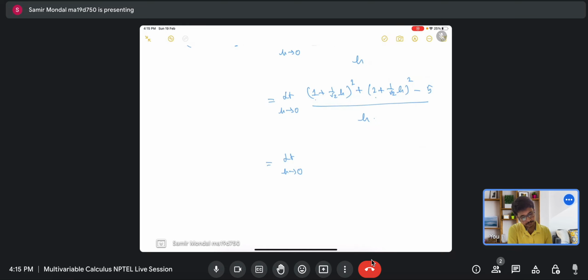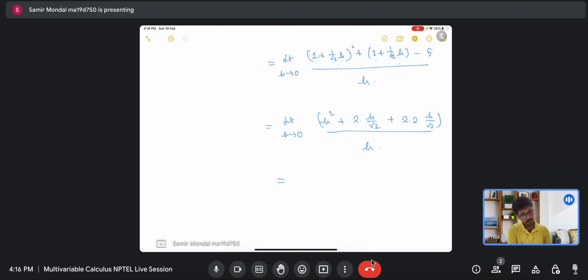Ultimately what we are getting is h square by 2 plus h square by 2, which means h square, plus 2 root 2 h plus 4 by root 2 h, divided by h.